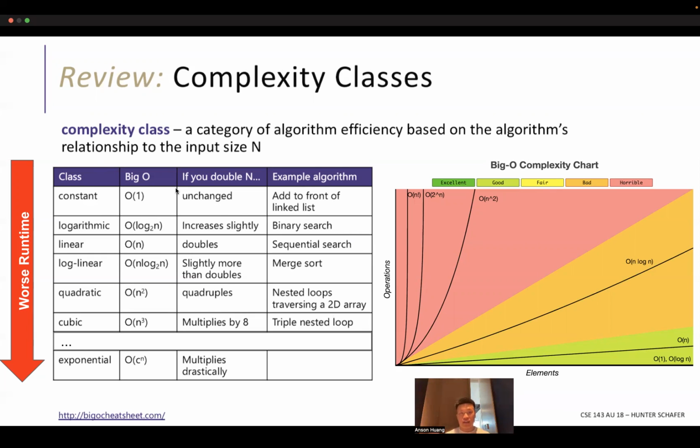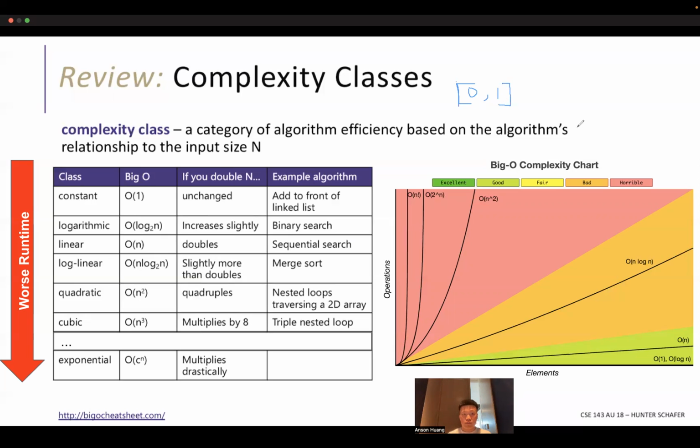Going over these complexities a little bit, constant runtime just means that as your input size gets bigger and bigger, your runtime is always the same. An example of this, other than the example they gave, is let's say you have an array. Just to make it easier to draw, let's say we have an array of size 1 or 2.